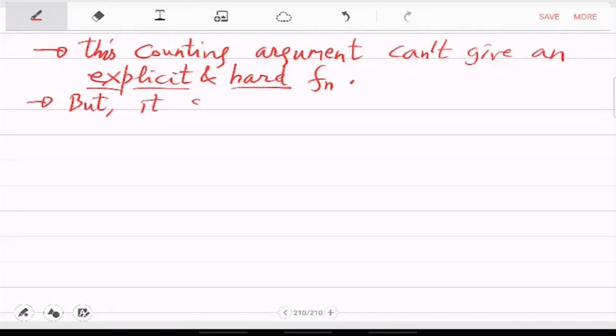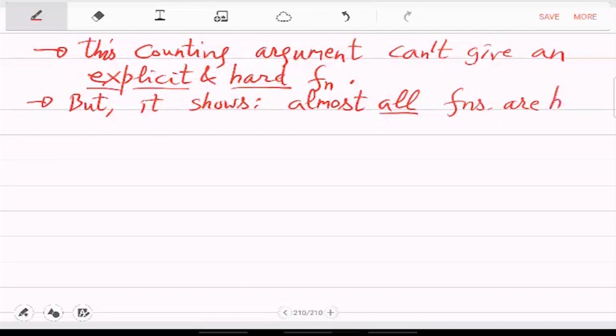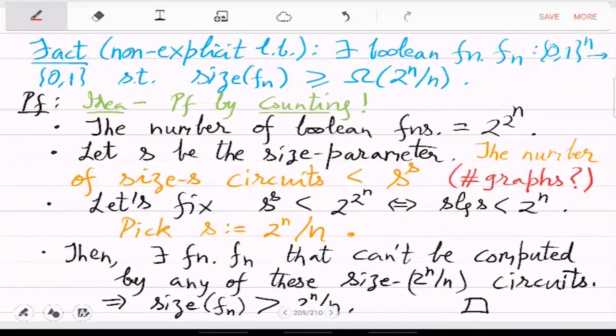In the space of functions, almost everything is hard. Very few functions actually have small circuits.